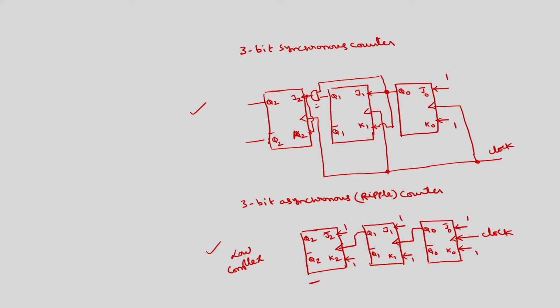Here we require additional gates. But the asynchronous one is slow, and the synchronous one is fast but more complex. So in applications where speed is important, we will go for synchronous counters. In applications where complexity is important, we will go for asynchronous.